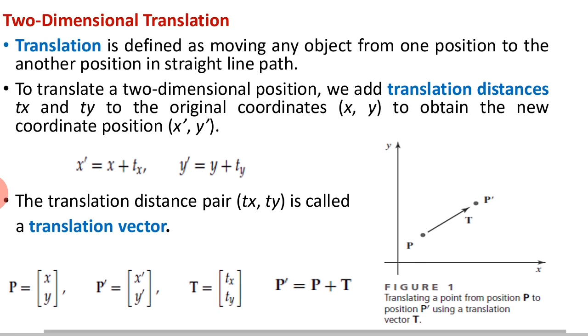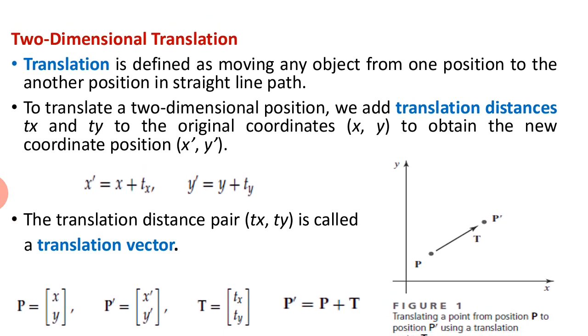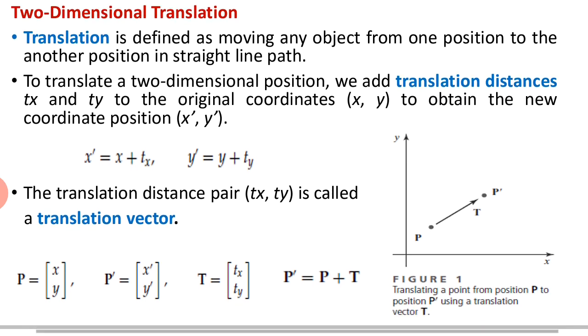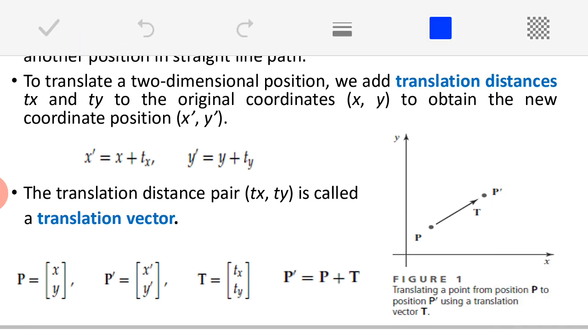Once again, do remember, translation is nothing but moving an object from one position to another position. Here, for simplicity, I am applying it to only one point. If you consider a triangle, it has how many vertices? Three vertices. For all three vertices you have to apply translation.